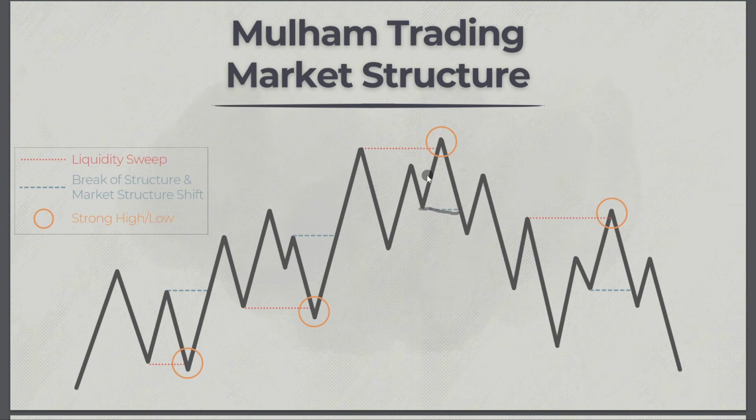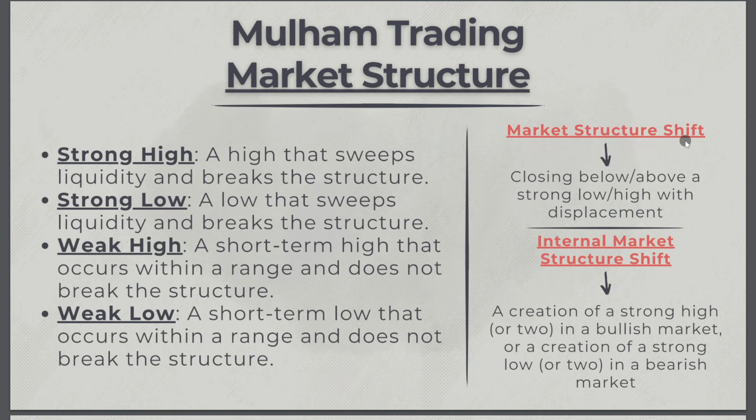That's an internal one. And the main one is the closing below the previous strong low, right? And then also another way of looking at it, as soon as we make two strong highs, that means we're switching the direction.